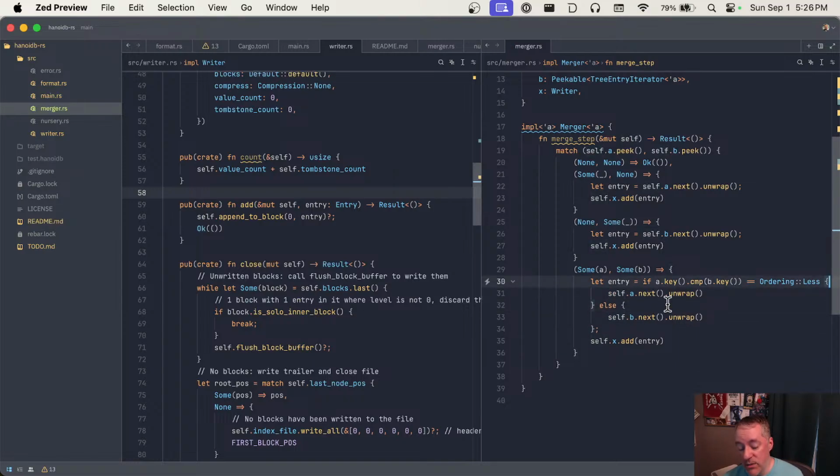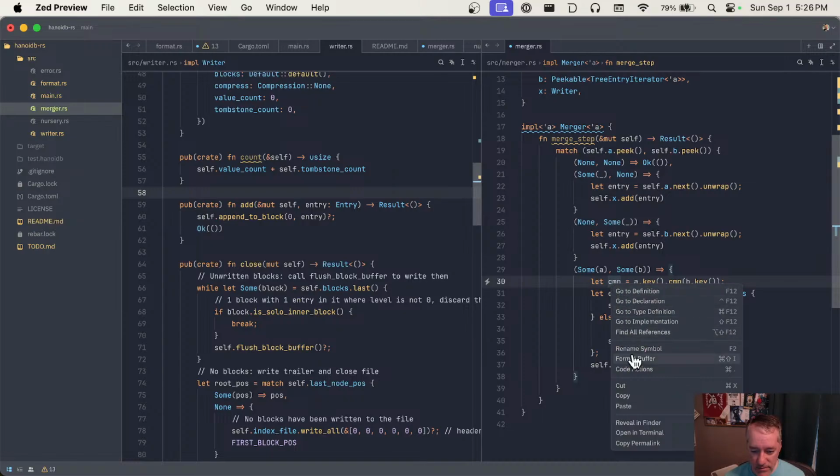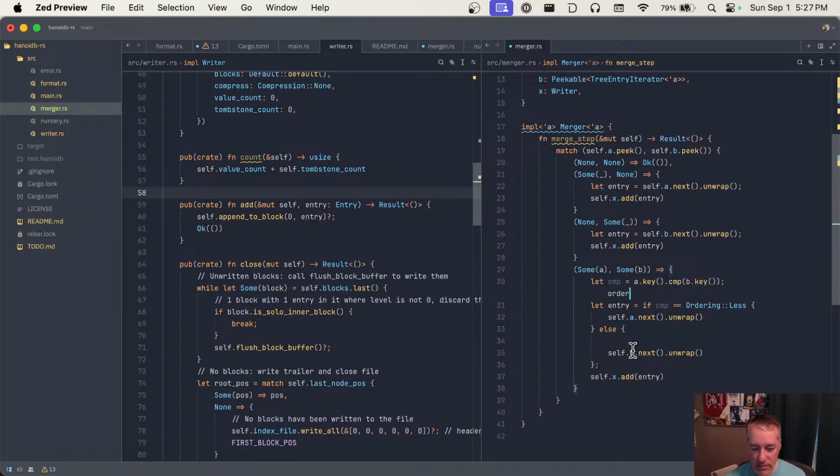Otherwise, what we want to insert is B, but we need to handle the case, and let's extract this into a variable and rename that. Rename symbol, order.